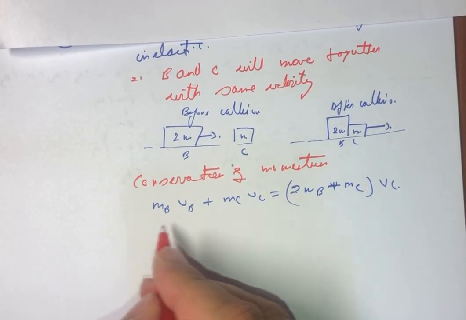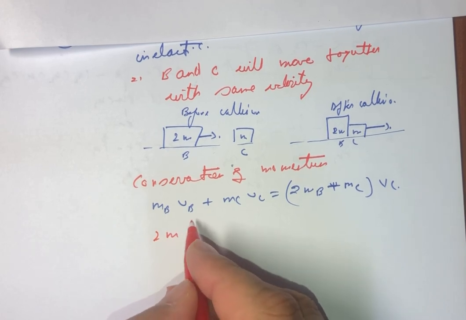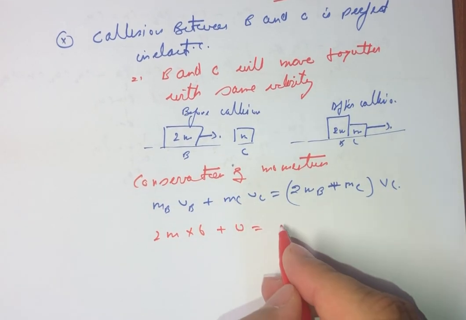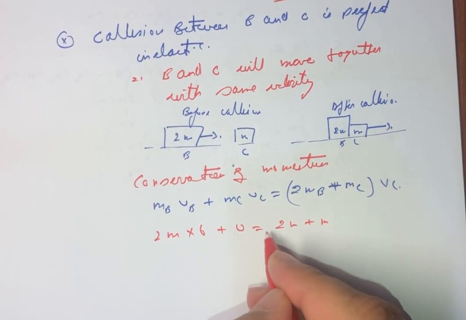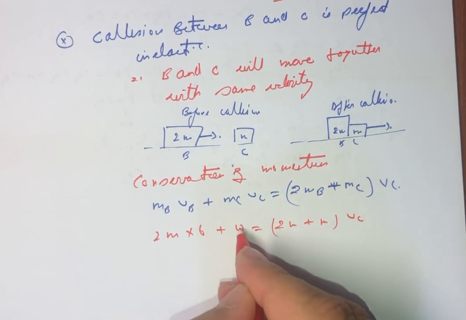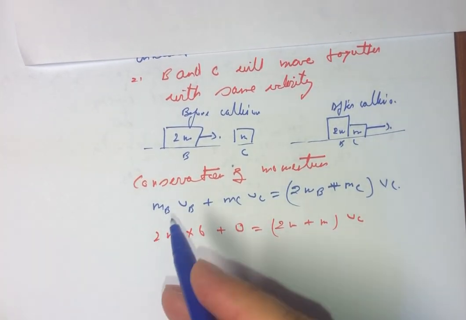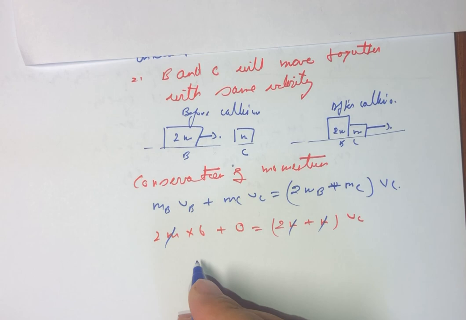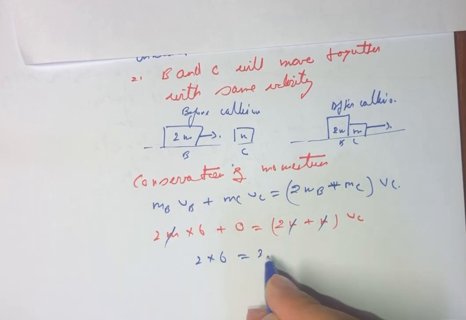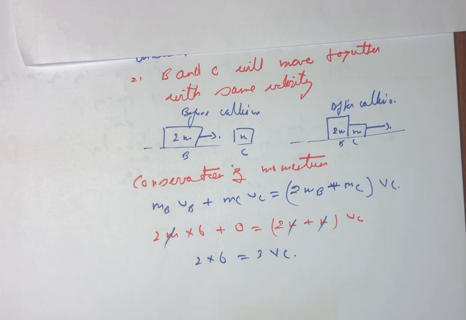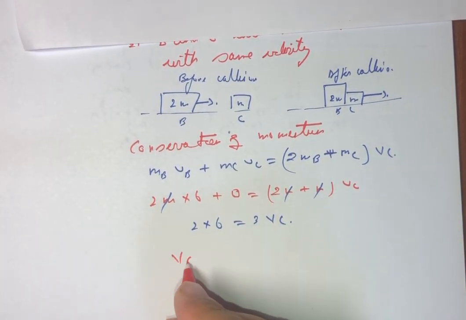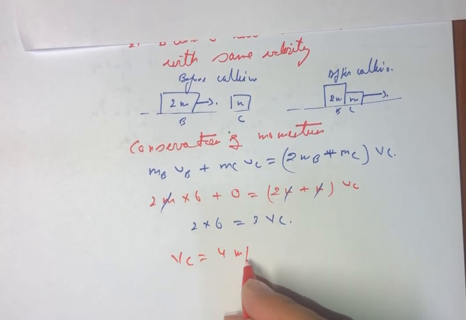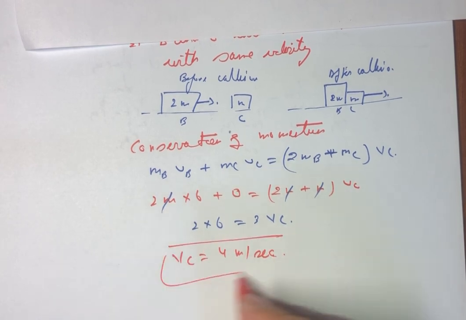Substituting the values, we get 2m into VB, which we already calculated as 6, plus 0 is equal to 2m plus m into VC. So m cancels out, and we get 2 into 6 is equal to 3 times VC, or VC will be equal to 4 meters per second.